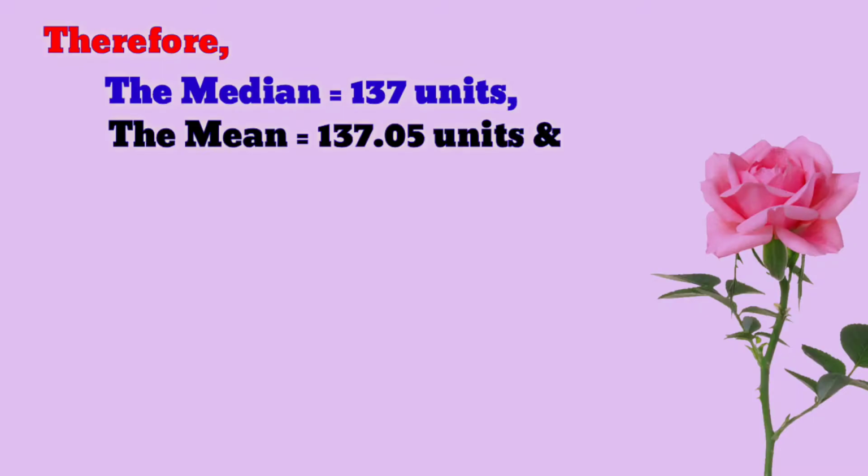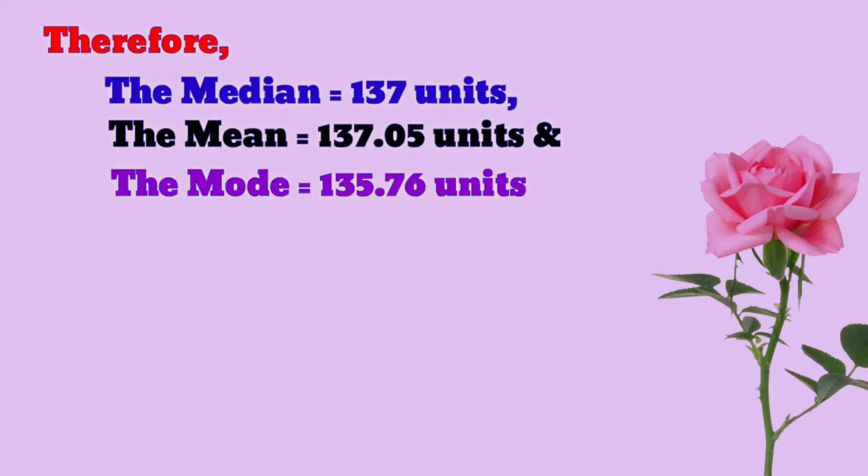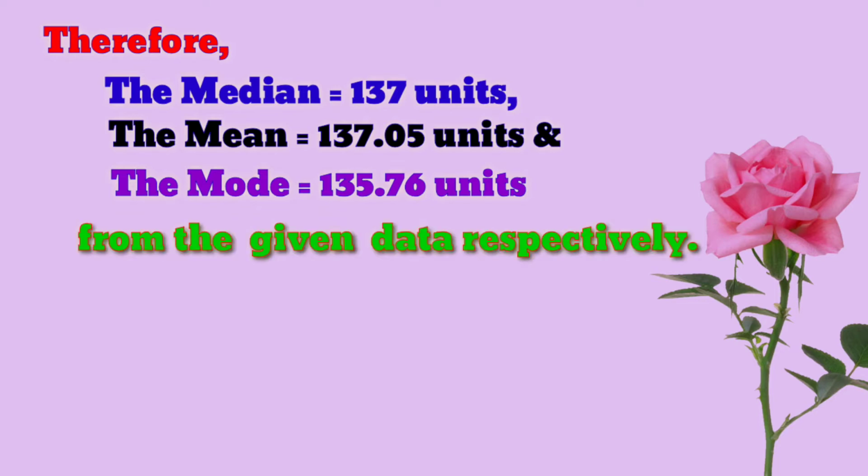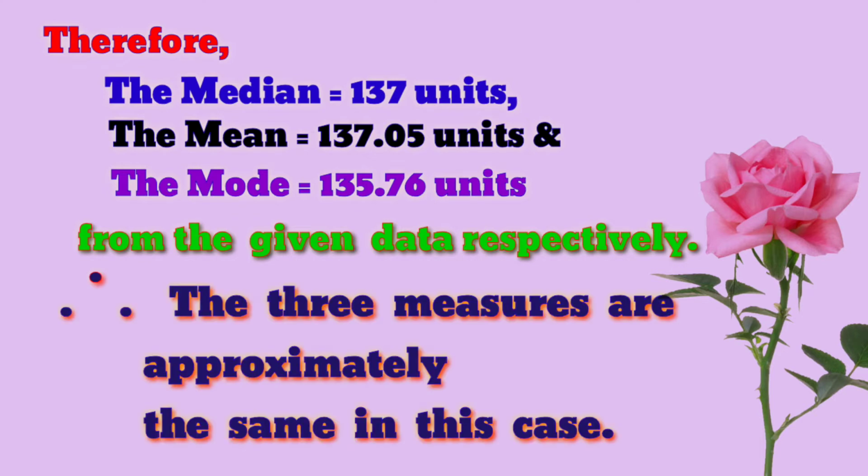Therefore, the median is 137 units, the mean is 137.05 units, and the mode is 135.76 from the given data respectively. The three measures are approximately the same in this case.